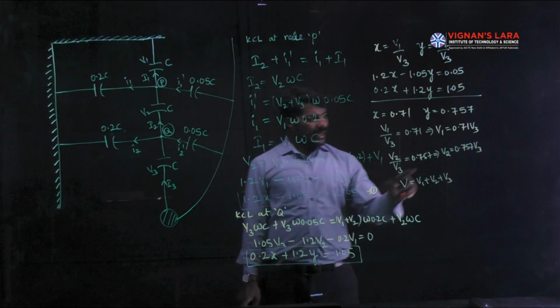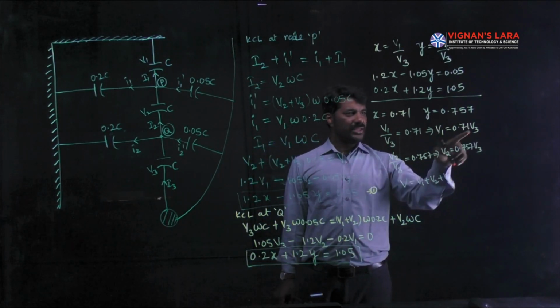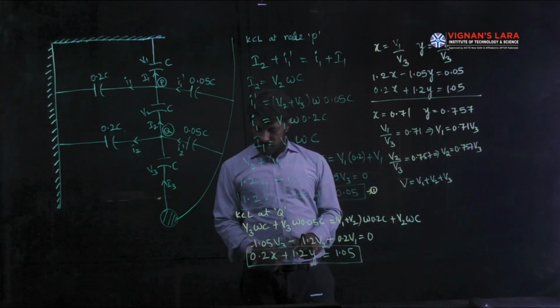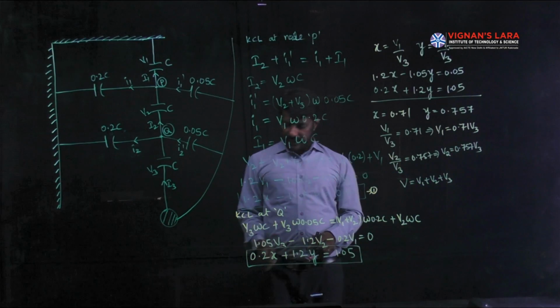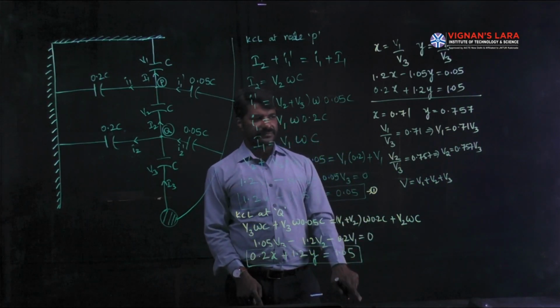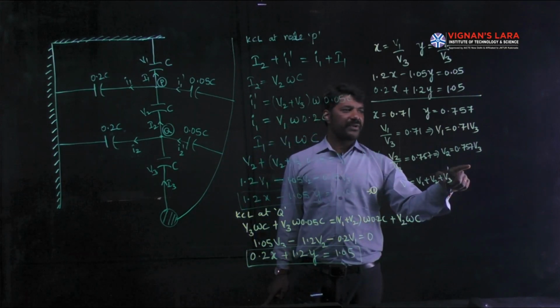Thereby, we can write V3 in terms of V1 and V2, and simplify for x and y.